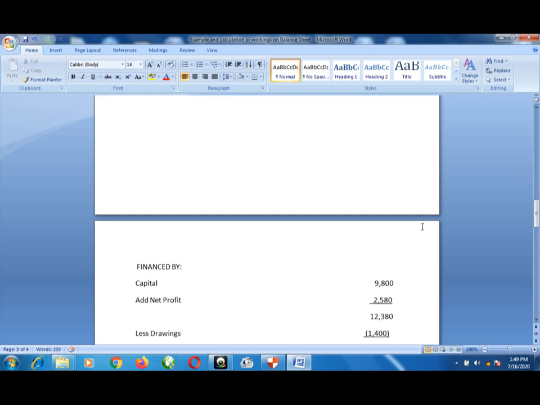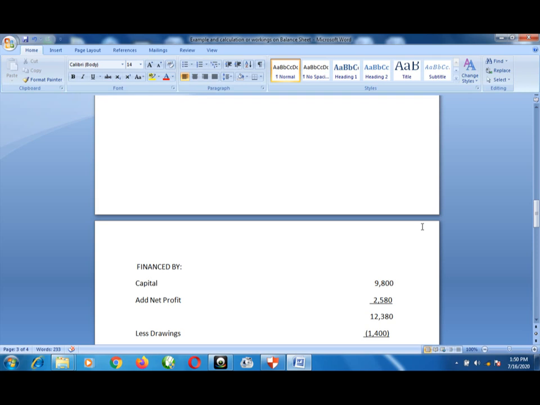And the drawings, like we are told, may be personal drawings, but when you are withdrawing for business use, it always goes in line with bank and cash. But when you withdraw any amount for personal use, we call it drawings. That drawings, you now deduct from the addition of net profit and capital.